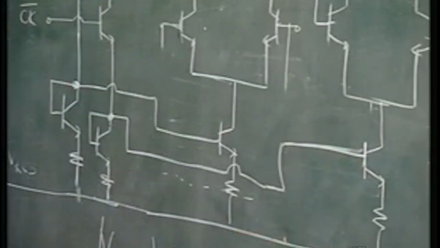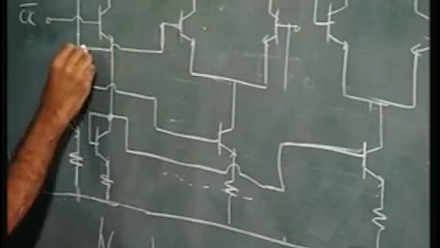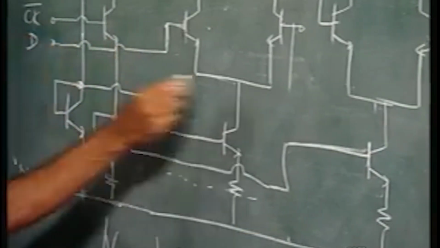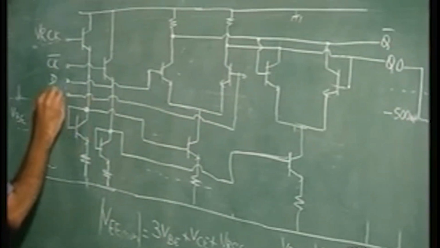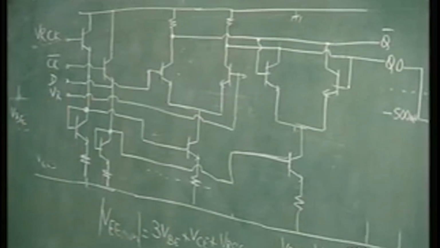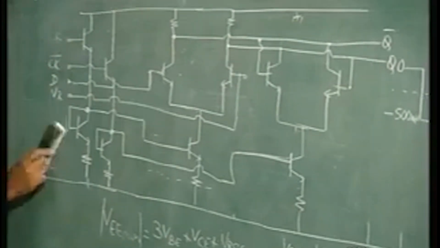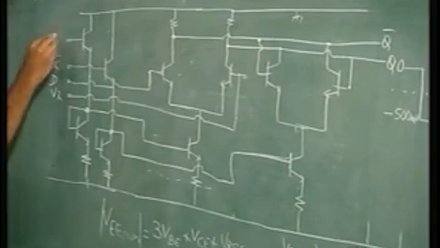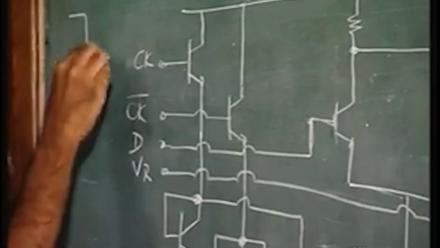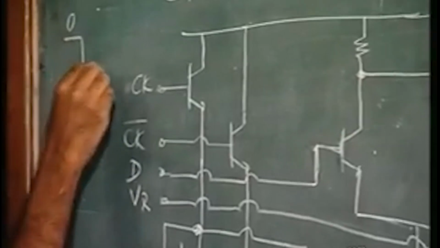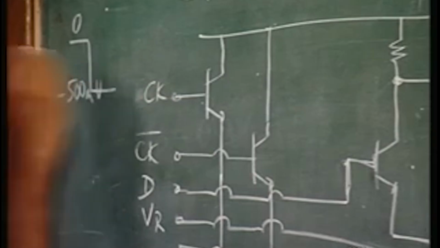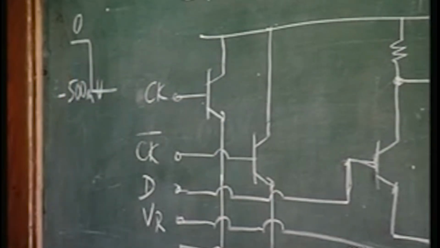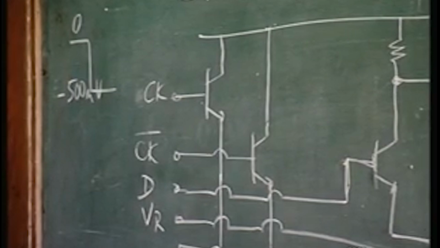So all this remains the same as in the previous circuit. This is D, this is VR. And again, the input voltage variation is from 0 to minus 500 millivolts. So this is 0, this is minus 500 millivolts.